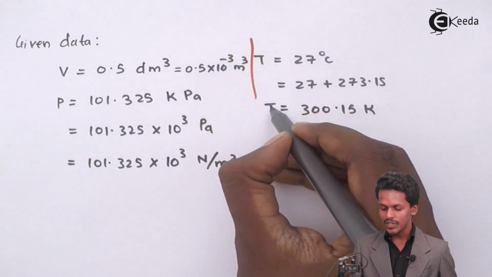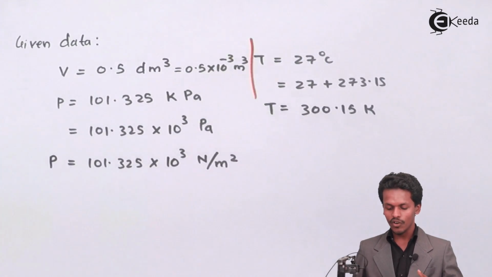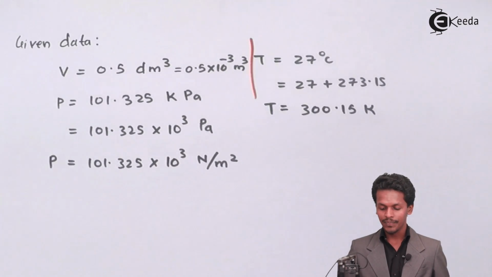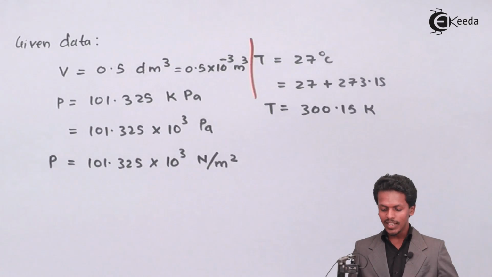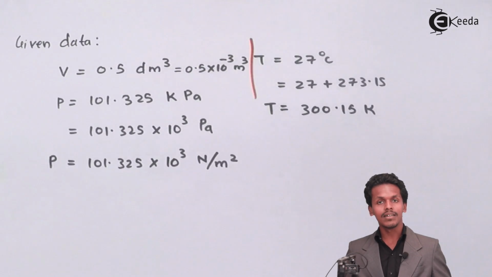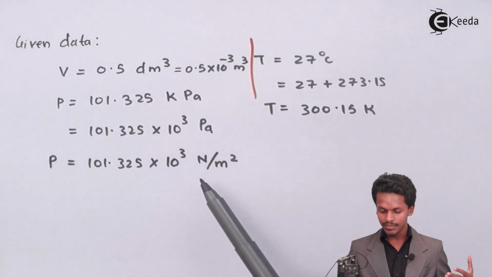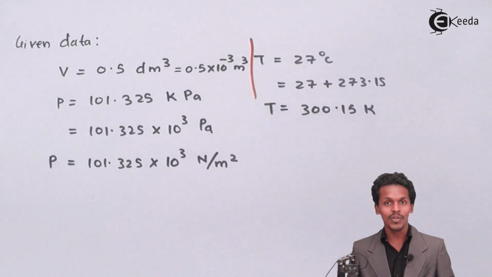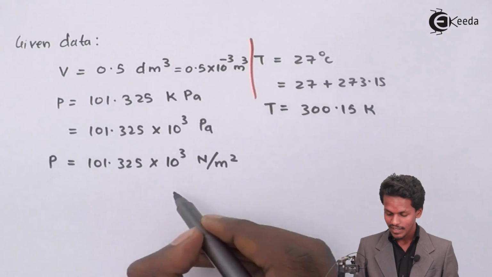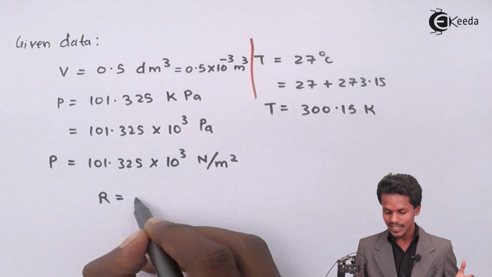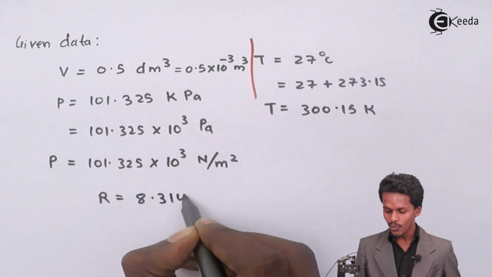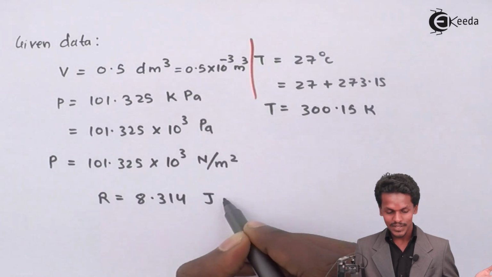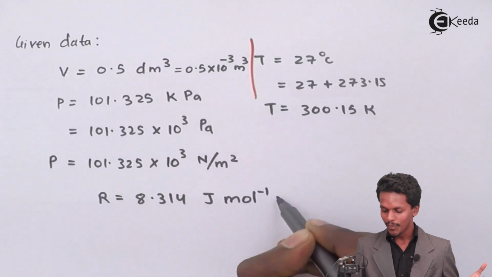This is the temperature, this is the pressure, and this is the volume that we have. Now I can write the gas constant value as R equals 8.314 joules per mole per Kelvin.